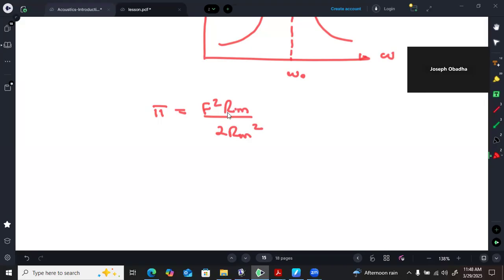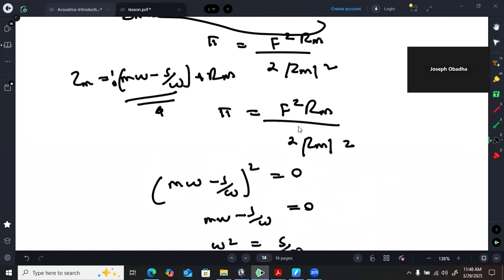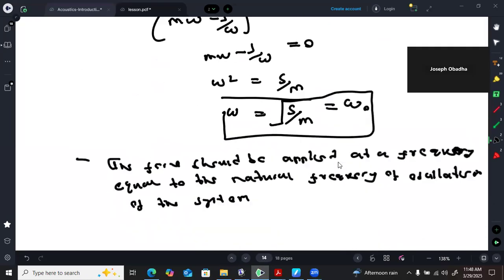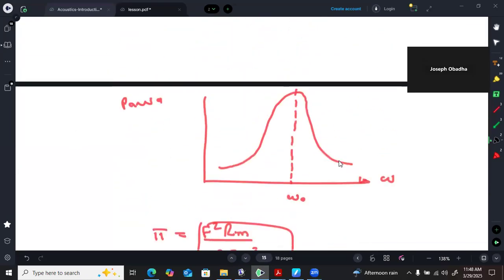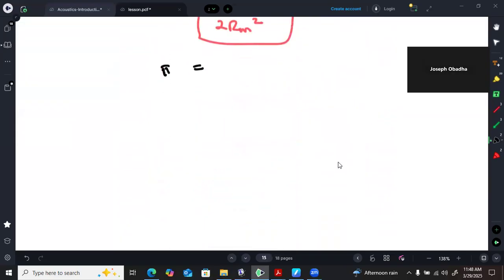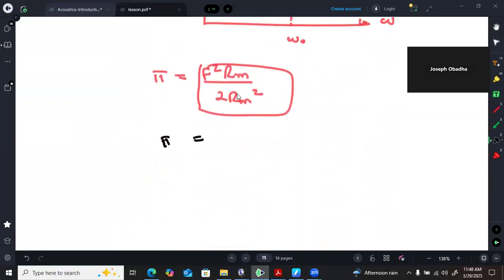The reason why we are saying this is because we had actually found out that the power is given by F squared Rm over 2 Zm squared.